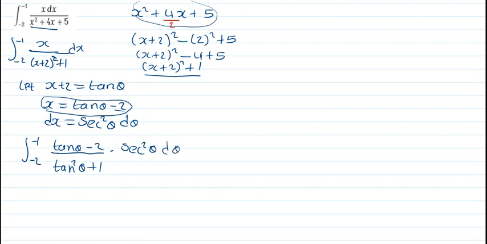With this, we can say our integral from -2 to -1 is going to be tan theta minus 2, everything multiplied by sec squared theta d theta.